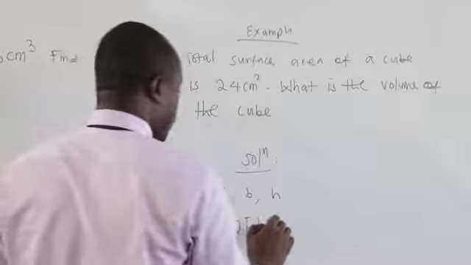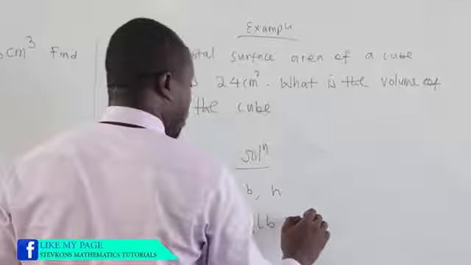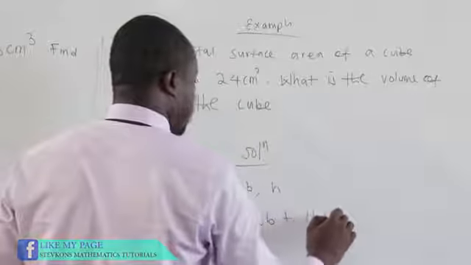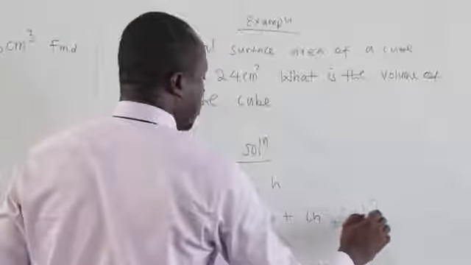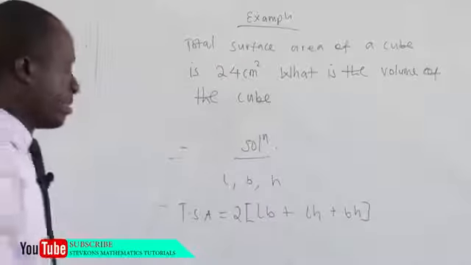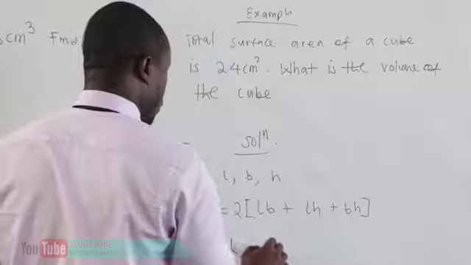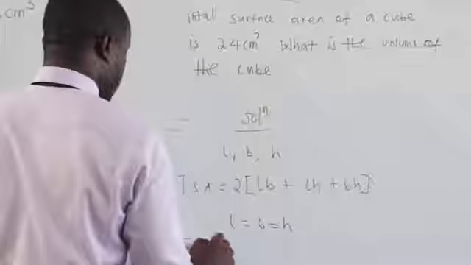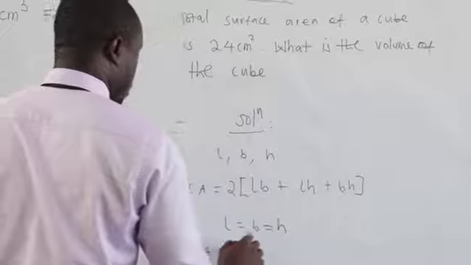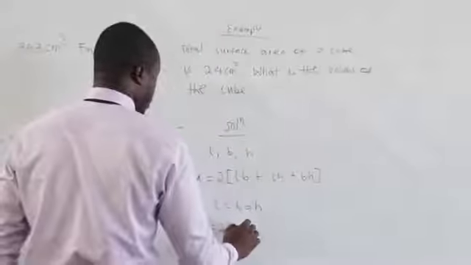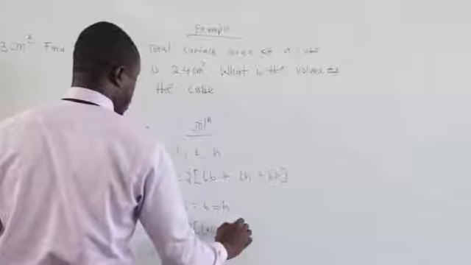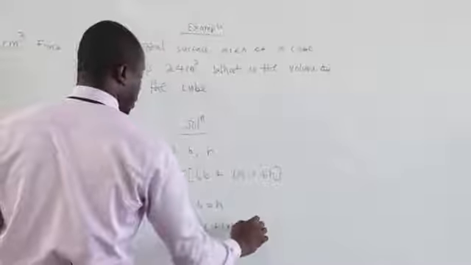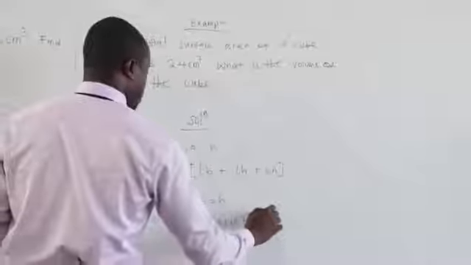So here we get LB plus LH plus BH. But in this case, L is equal to the breadth and is equal to the height. Therefore, our total surface area, 2 outside, so we have L times L plus L times L plus L times L.